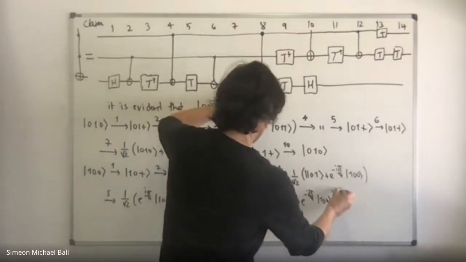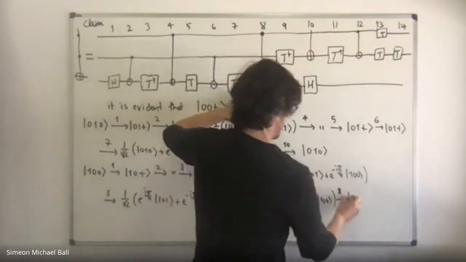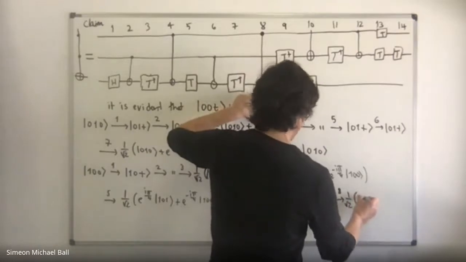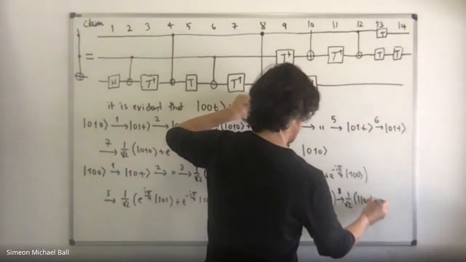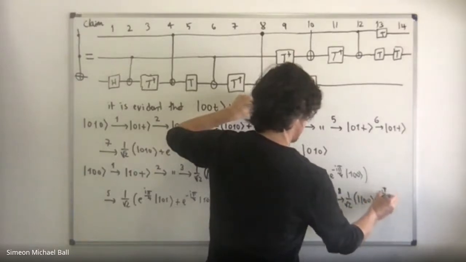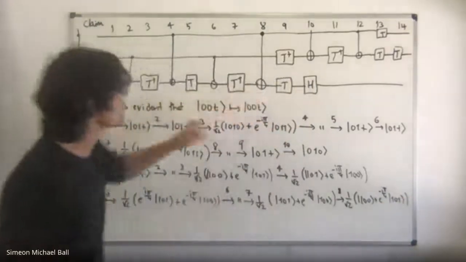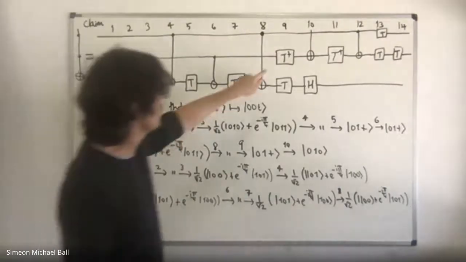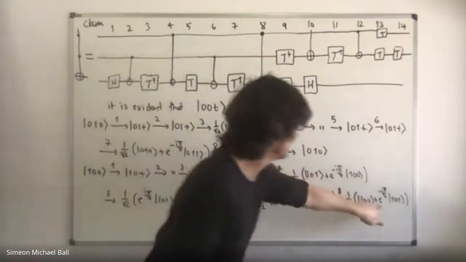8 now. I mean, this is almost as bad as doing Gaussian elimination. I'm probably making a mistake as well. And now I've got to do a T bar to the first bit. Well, that does the second bit, but that doesn't do anything. And this T down here will get rid of that.